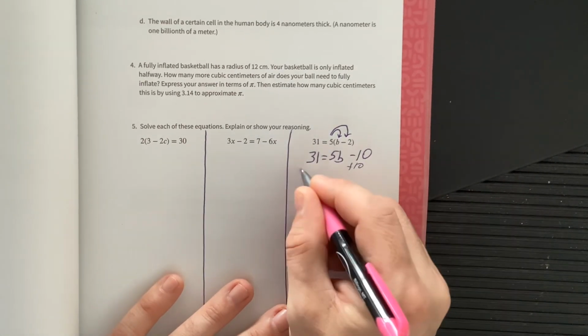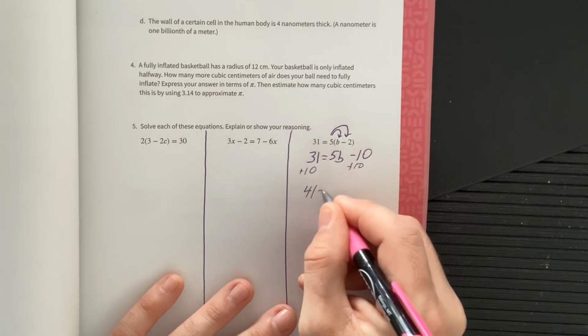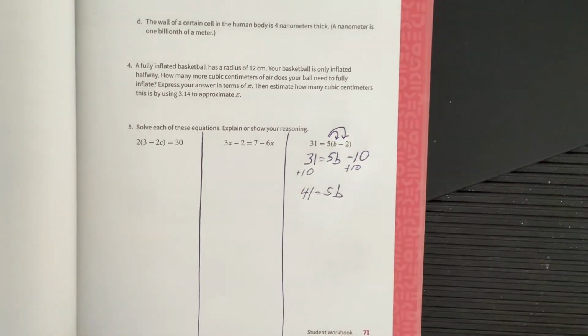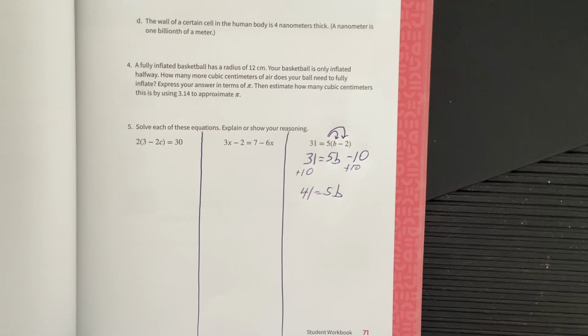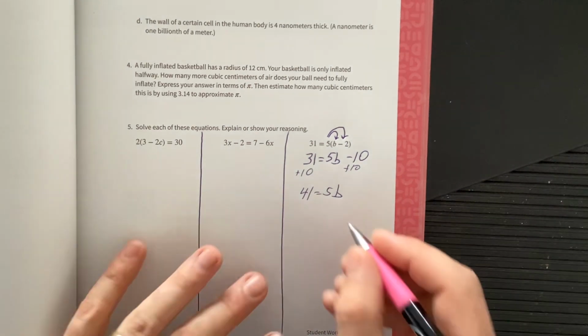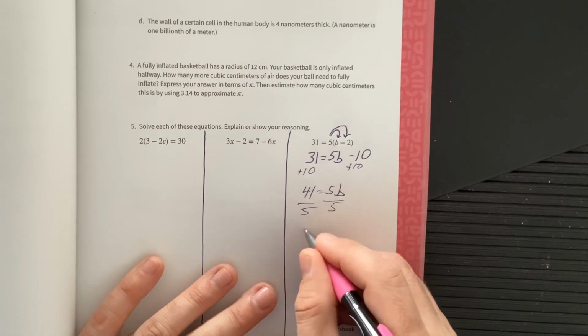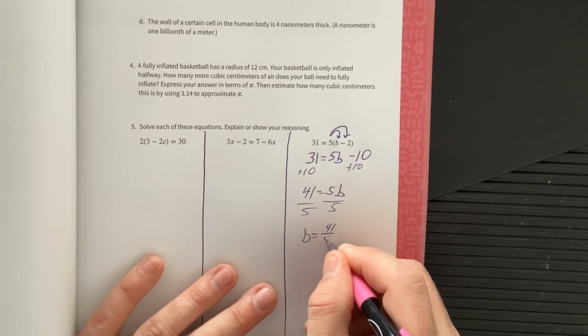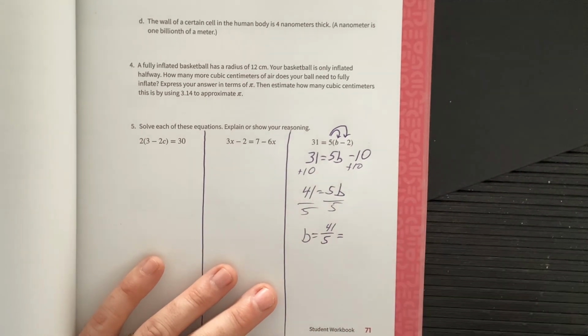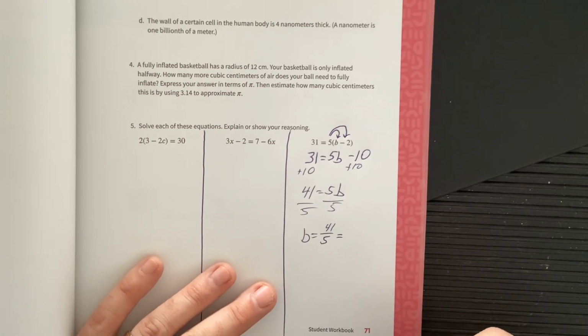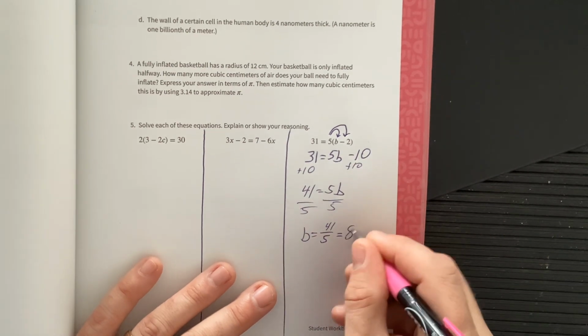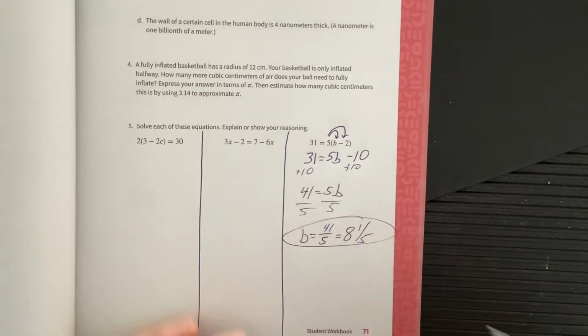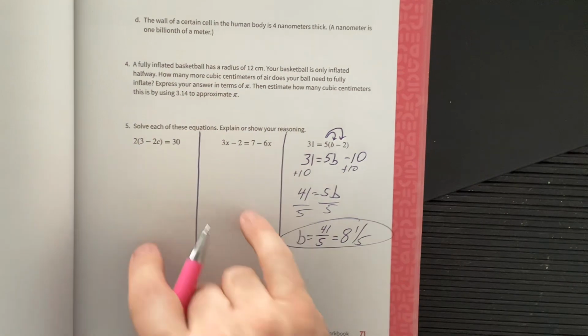Add 10. 31 plus 10 is 41. One last step. What is the opposite of times 5? Divide by 5. So 41 divided by 5 is your answer. You could do a decimal. You could do a whole number. That'd be 8 1/5. 8.2. Either one is fine. Still got to do those other two.